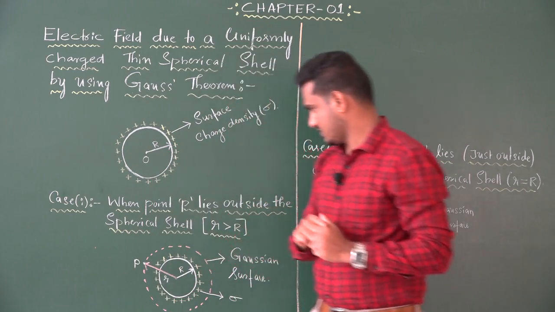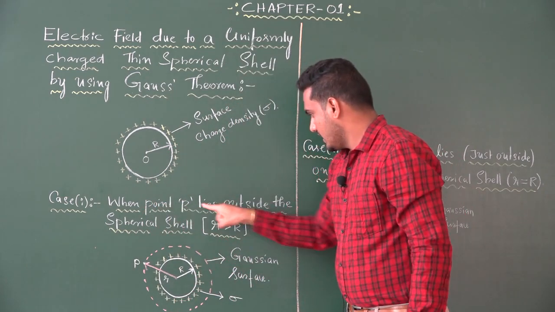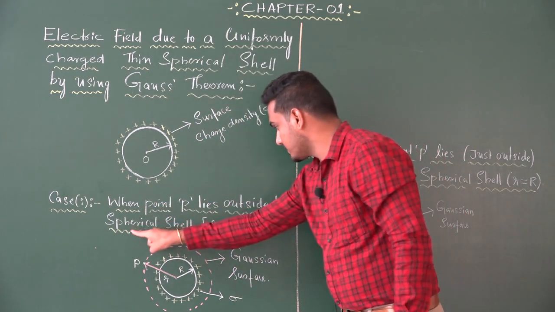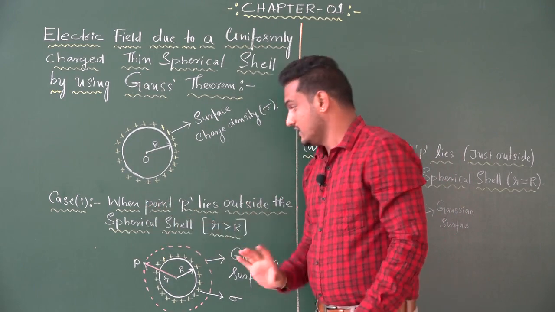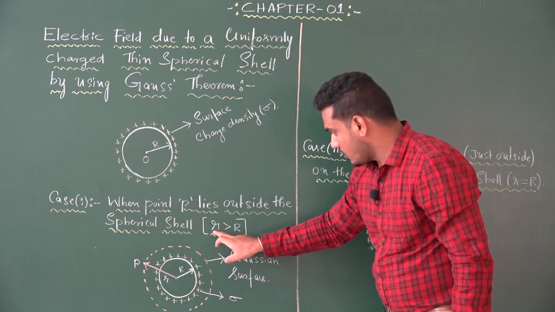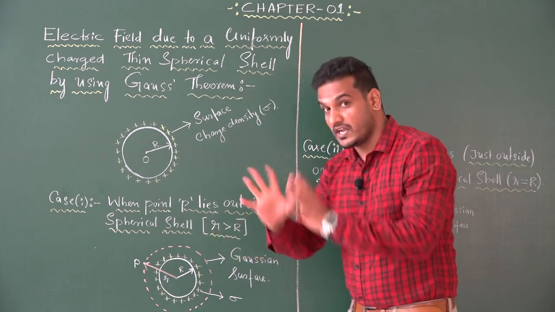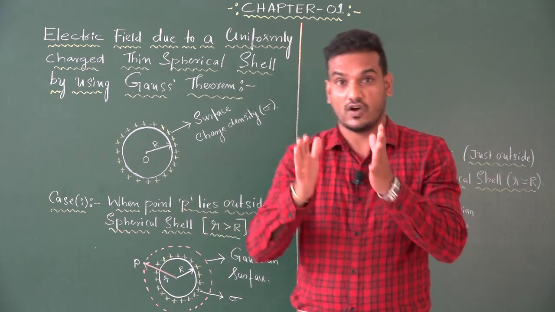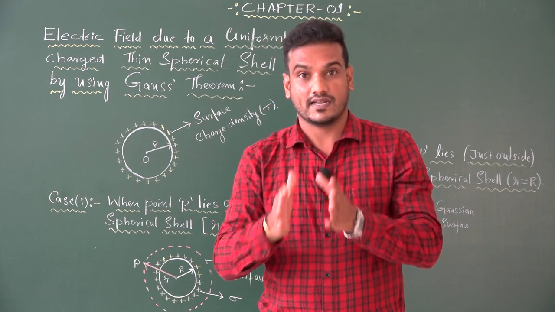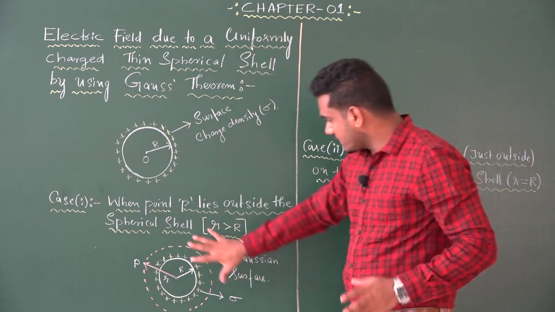The first case, when point P lies outside the spherical conductor or shell. So in this case, small letter r is greater than capital letter R. You will get to know what exactly the small letter r and capital letter R represent. Look at the diagram.